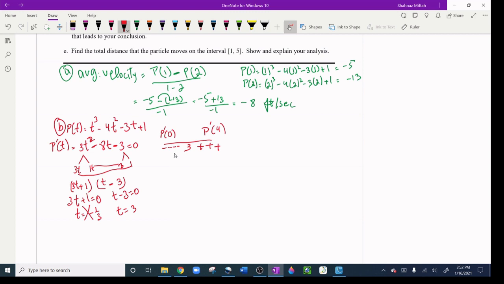So the particle is moving to the left between 0 and 3. We start with 0, and you can also pick 1 here.